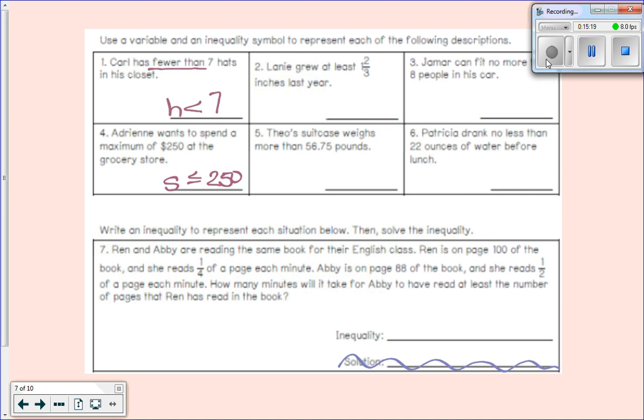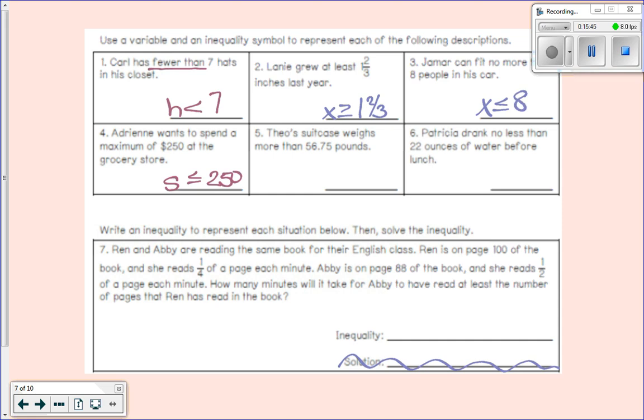Greater than or equal to 1 and 2/3. Good. Number 3, Jamar can fit no more than 8 people in his car. Gabby. Less than or equal to. What's our number? Good. You got it.